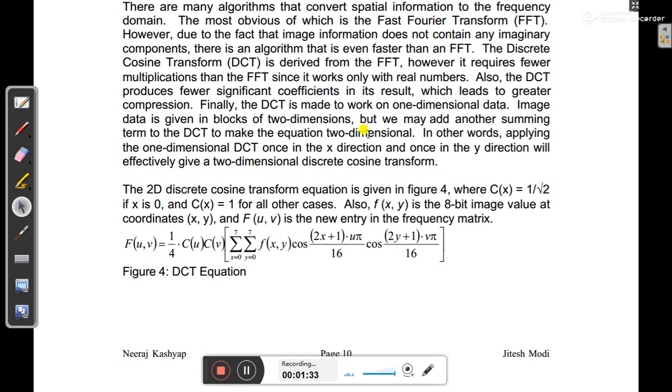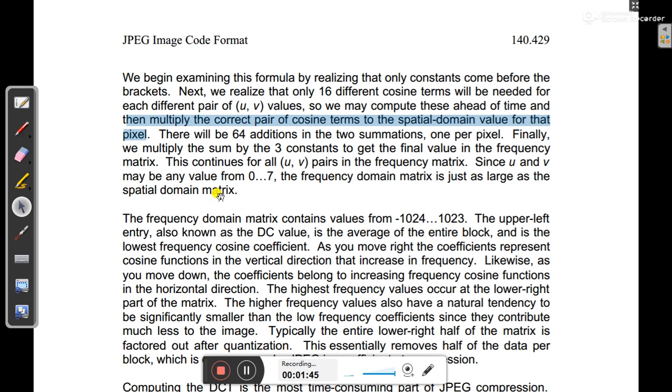That is why we need 16 pairs of this type of value. Before doing the conversion, we can already calculate the 16 different cosine terms which will be multiplied with the spatial value, or the information value contained in the pixel, directly.